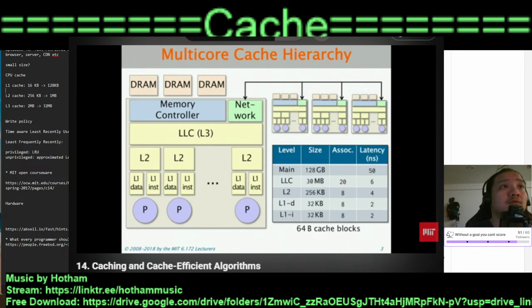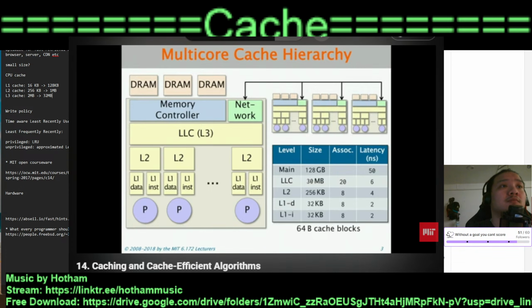So basically, L1 less than L2 less than L3. Basically, L3 is closer.